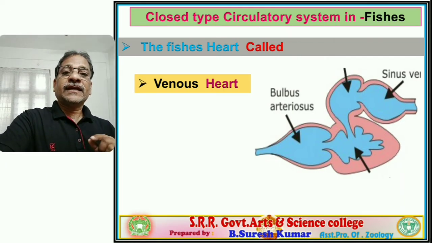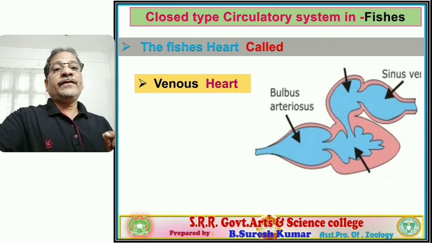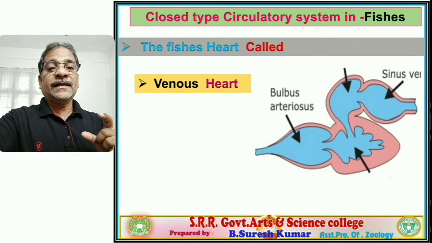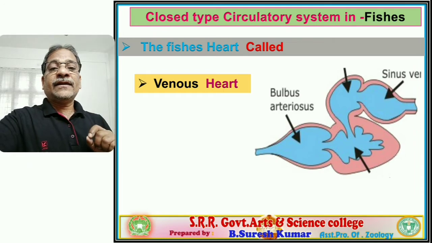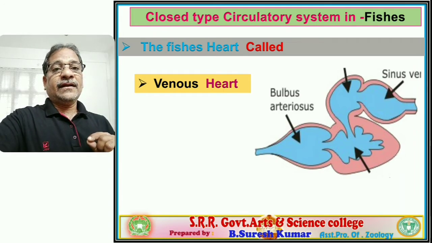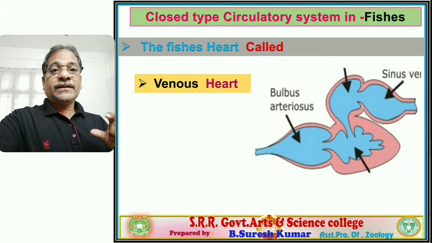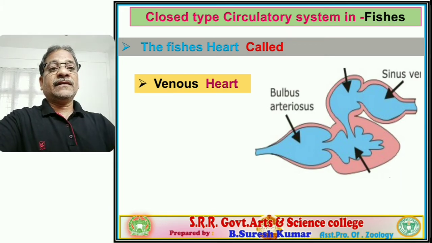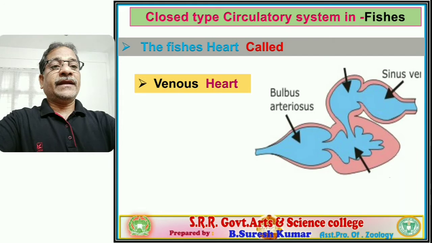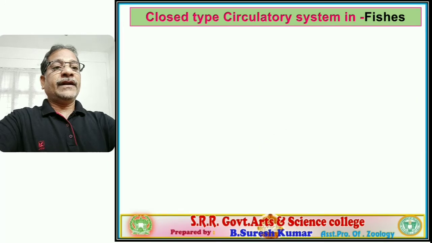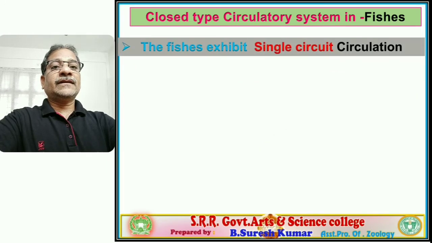Remember, students, it is asked in entrance examinations: the fish's heart is termed a venous heart because deoxygenated blood flows in the chambers of the heart, and it is also termed a branchial heart because it pumps the blood to the gills. Followed? Right. Deoxygenated blood flows in both atrium and ventricle. That's why it is referred to as a venous heart.